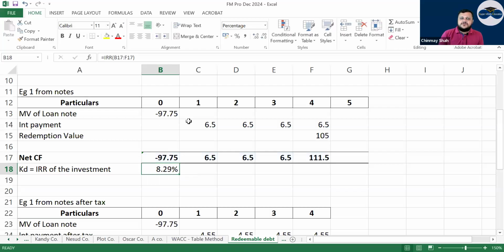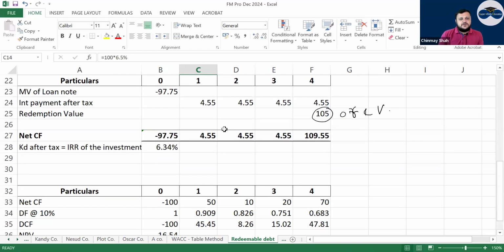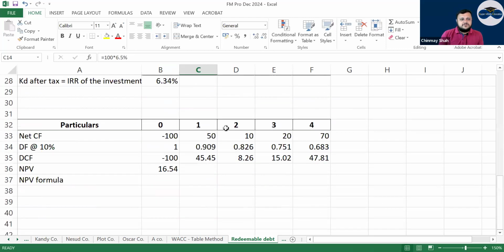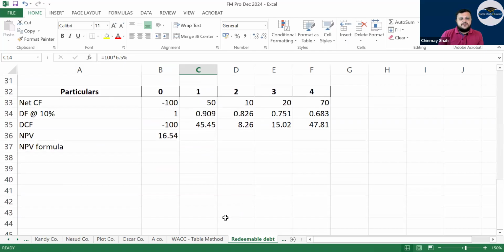The market value of the loan note is 97.75, and 6.5 is the interest payment. That is how things will work out. This is how redeemable debt works out. Any problem or doubt here? Can I go ahead?